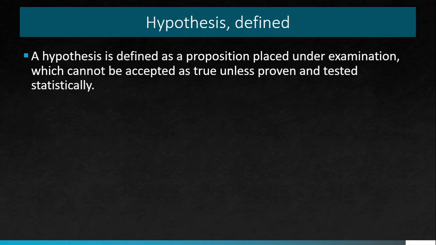Okay, now an example of hypothesis can be, let's say, if you are studying the relationship between the aesthetics of the product, for example its color, its shape, and its influence to the purchase intent of the consumer.